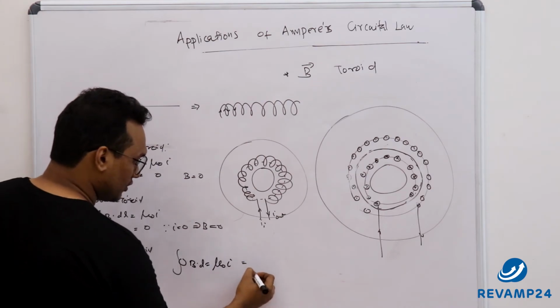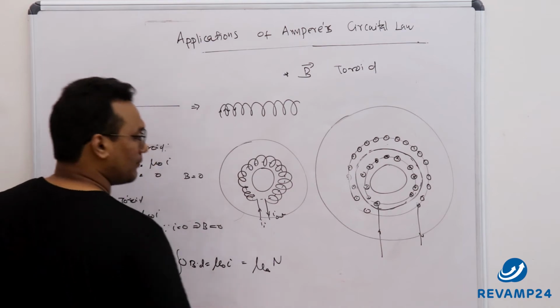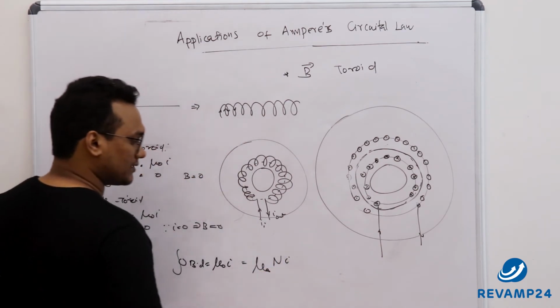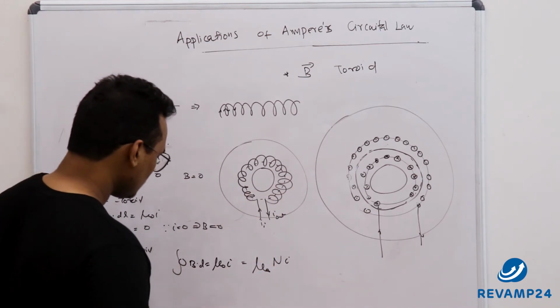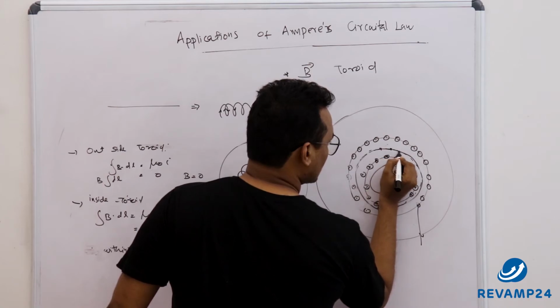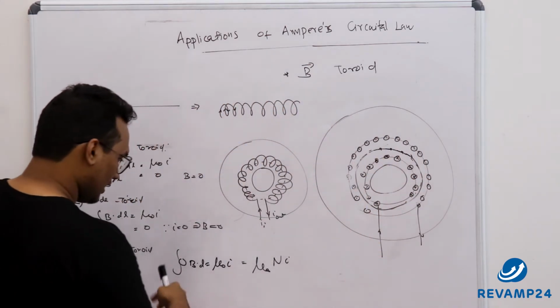So the value is equal to mu 0 into the number of turns. Capital N is the number of turns, and if the current in each loop is I, this will be the value. The magnetic field B will be constant at all points because there is symmetry, so I can take B out.